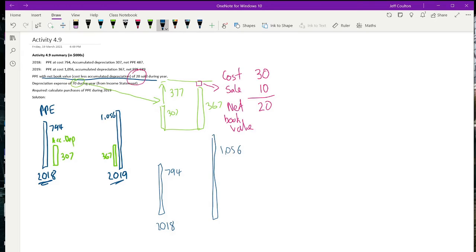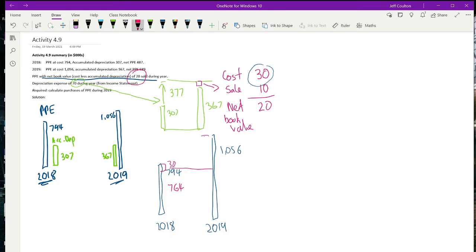But we know that over the course of the year, the cost of 30 has disappeared. So the 30 will have reduced our cost here. What we're left with is 764. So we've gone from 764 up to 1056.